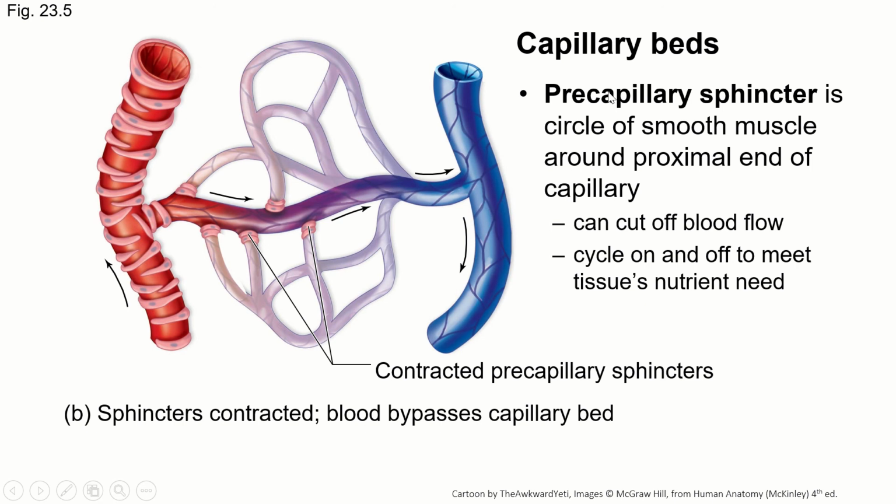Now, these precapillary sphincters can cut off blood flow to capillary beds when it's not needed. And they're constantly cycling on and off in different tissues to supply blood to tissues when they need it and to shunt blood away from those tissues when the tissues don't need it.